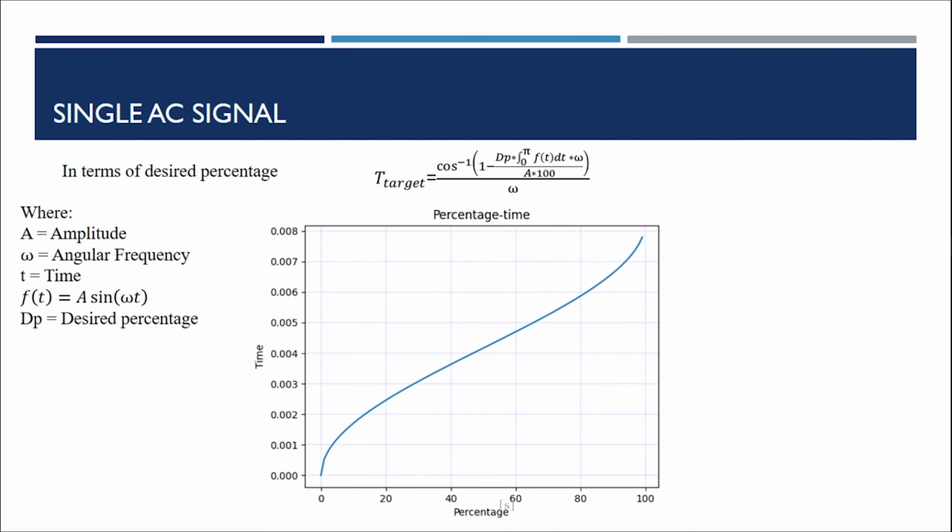Now let's put it in a percentage expression. Here it is. This curve / expression shows how much on time we should have for a given desired percentage of the half cycle. This expression would be ideally inside the microcontroller if the application requires so.